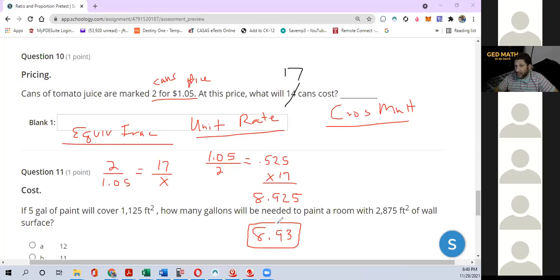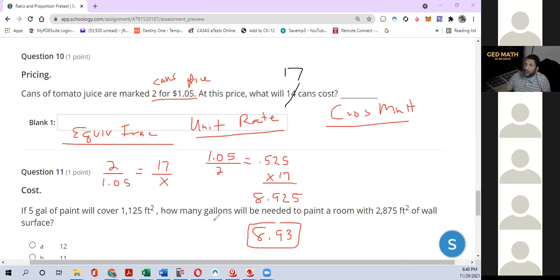I changed this to 17 on purpose, because it wouldn't cost us 8.925 cents, and $8.92 wouldn't be enough. So it would be 8.93.